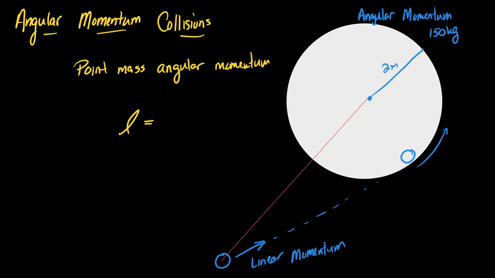And the calculation for it is r cross p, where r represents the vector from the axis of rotation to the point mass, and p represents the linear momentum of the point mass.